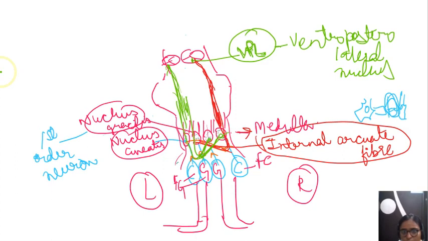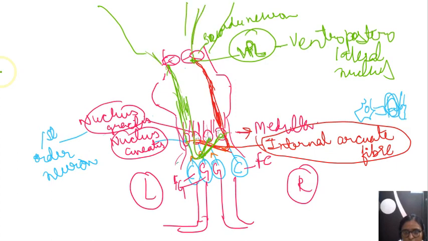In the VPL nucleus, their second order neuron will synapse. Fine, and there it will form your third order neuron, which will further ascend upwards to your sensory cortex. This is your cortex.